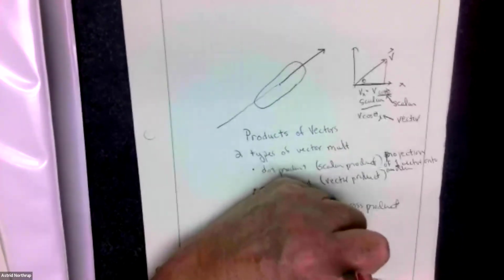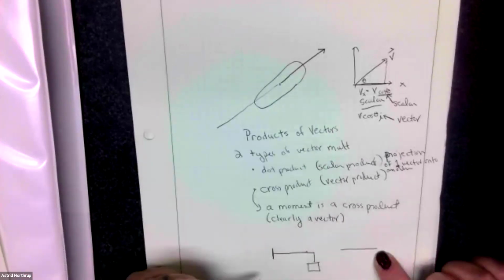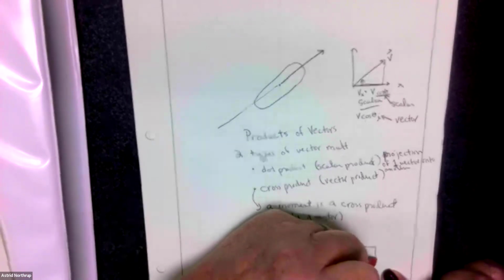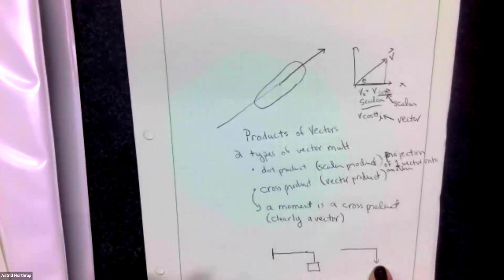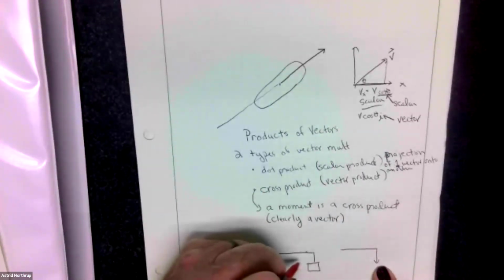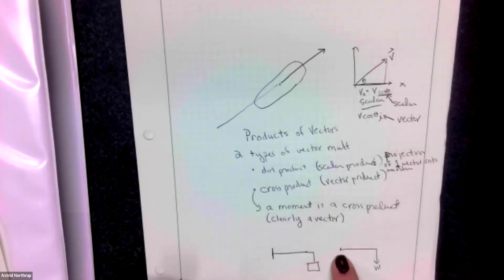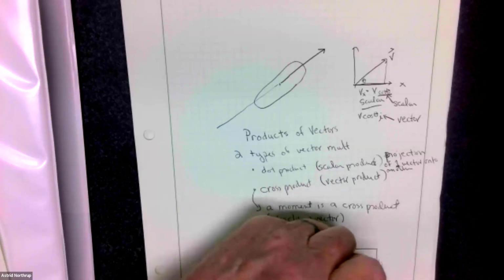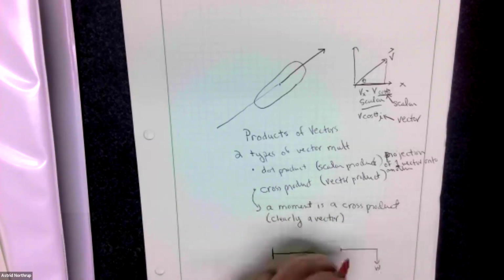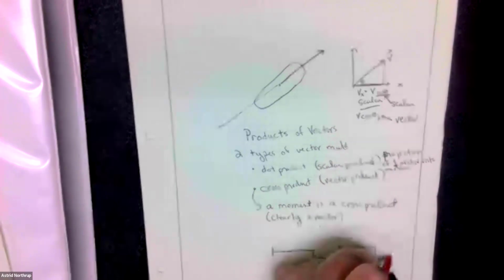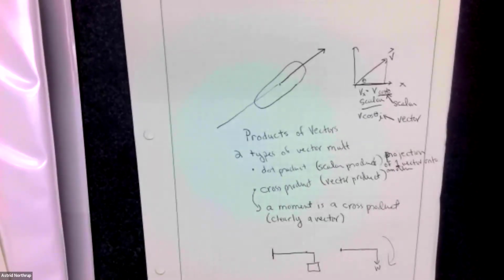And if we were to take this support, we recognize that the weight of the sign always acts downward, and this weight of the sign is going to create a moment about this point. In other words, if the wall does not hold the beam in, this is going to start to rotate in this direction.